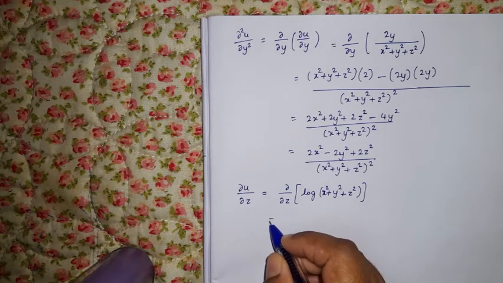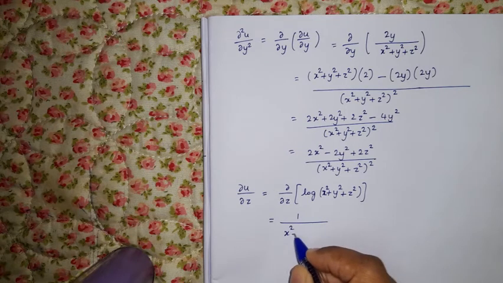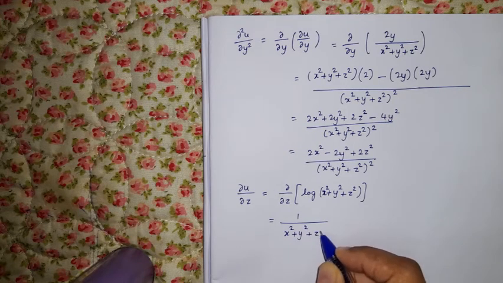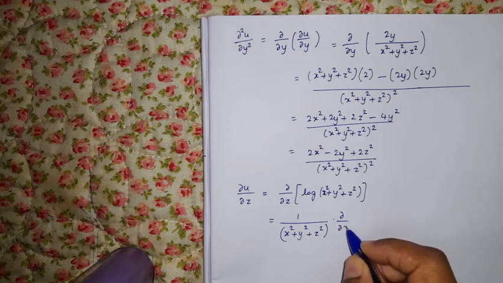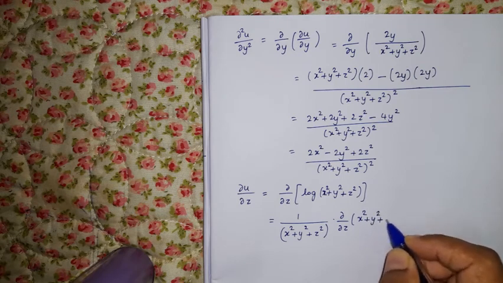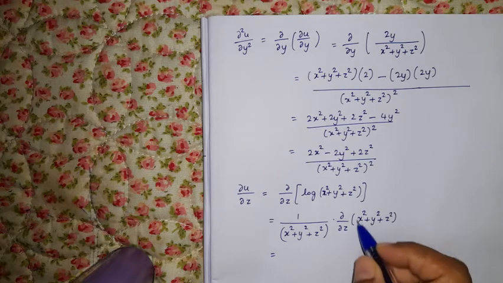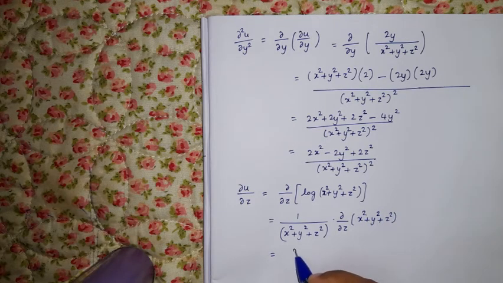You will be having this as 1 by x square plus y square plus z square into dou by dou z of the same term, which is equal to, when you differentiate this partially with respect to z, we have 2z divided by x square plus y square plus z square.